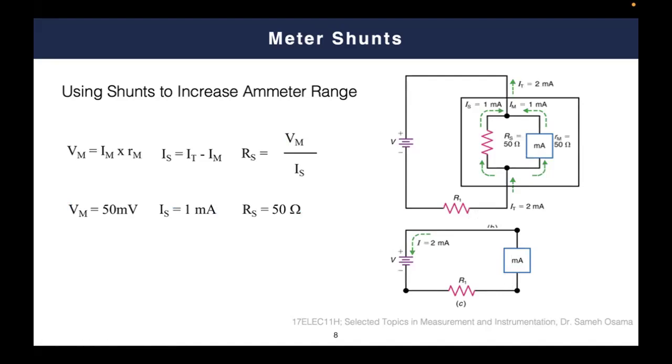You can tell me, oh yeah, you are right. However, if this value is 10K, then it doesn't matter, because in both cases, 10K is much greater than either 25 ohm or 10 ohm. You are right.